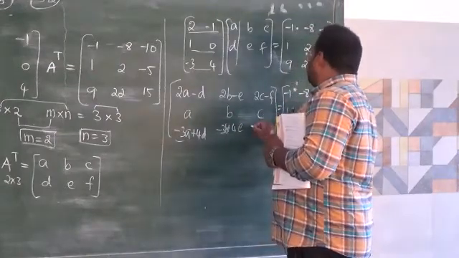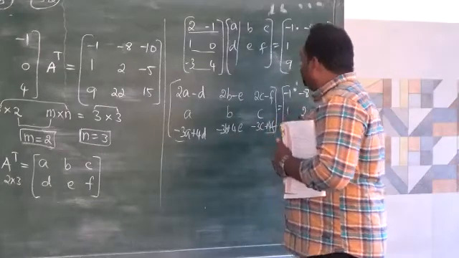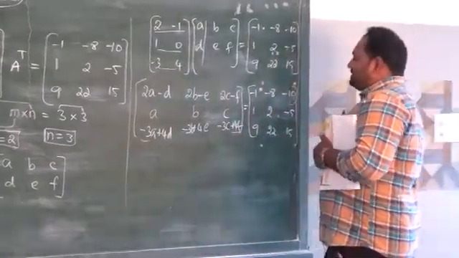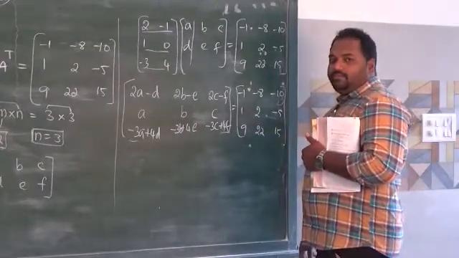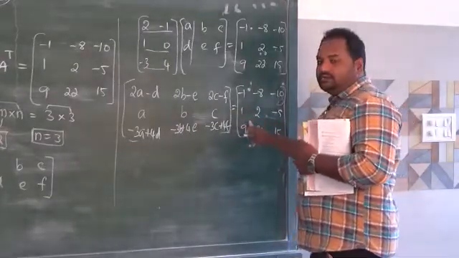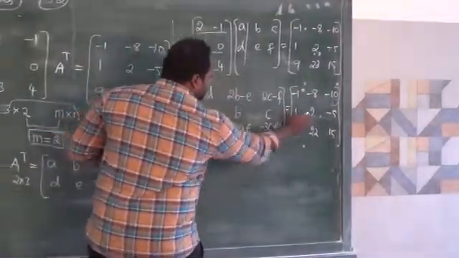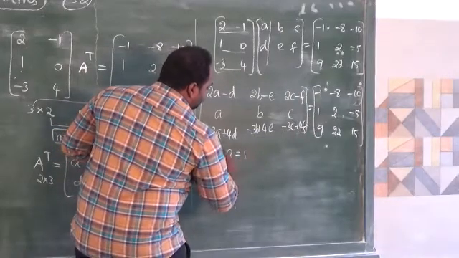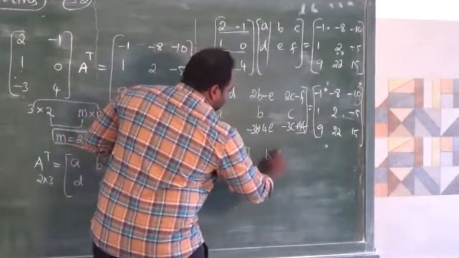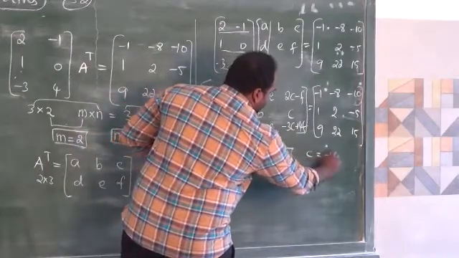Next, minus 3C plus 4F. So how can we find A, B, C? These two corresponding matrices are equal. So directly I can find that A is equal to 1, B equal to 2 and C equal to minus 5.